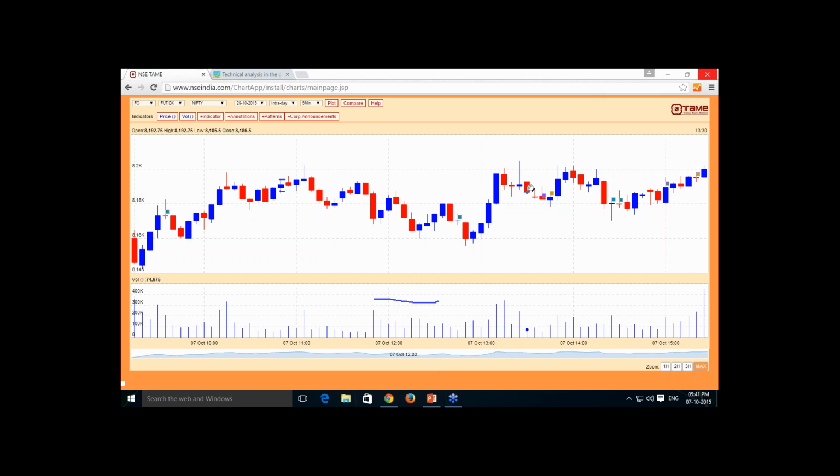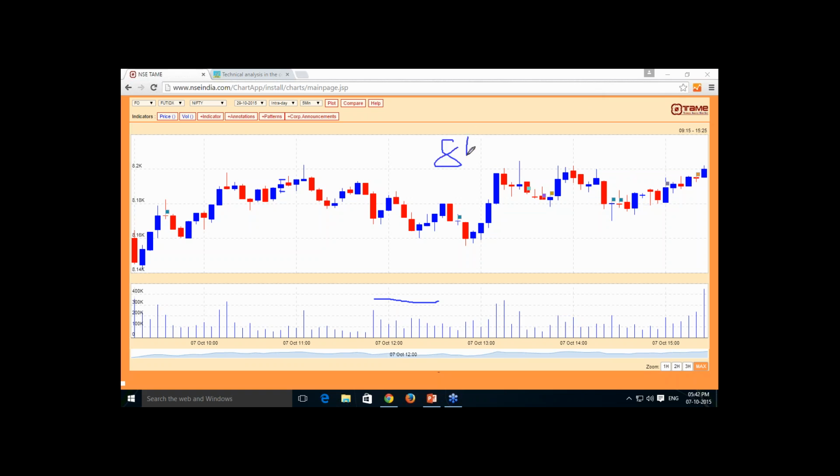So the difference is 8 points; I will take 0.786 of it, which comes to 6 points. My low is 8185, minus 6. Once it goes below 8179, I can think of selling.